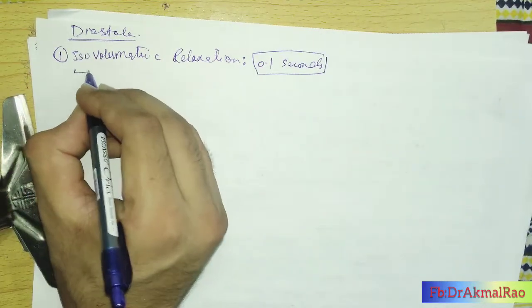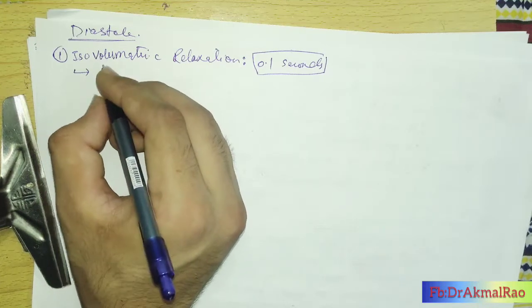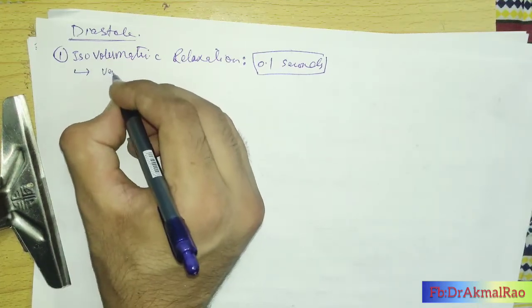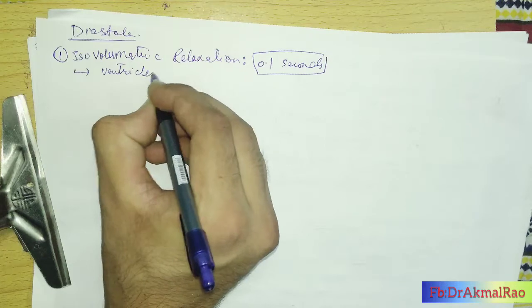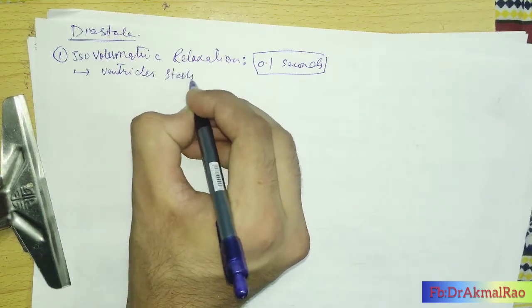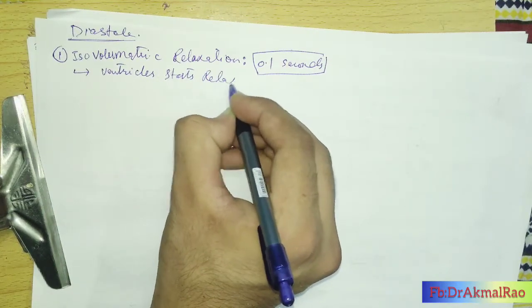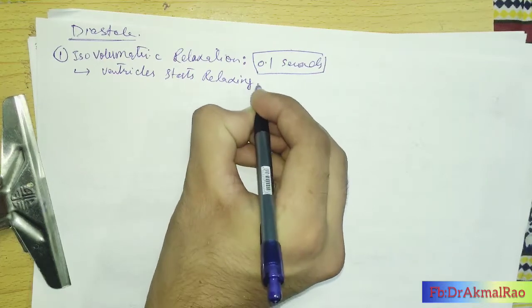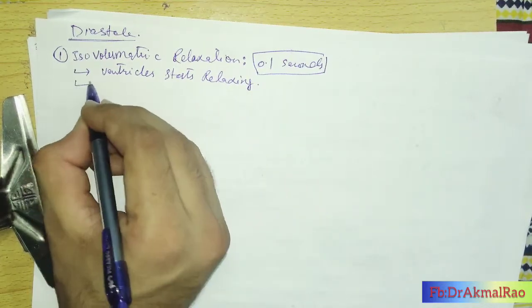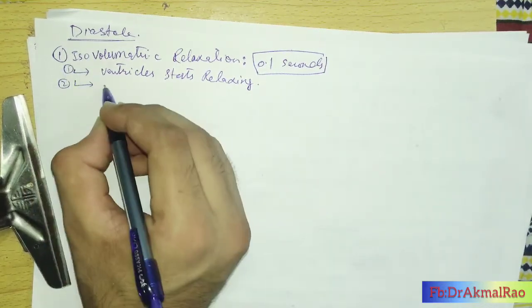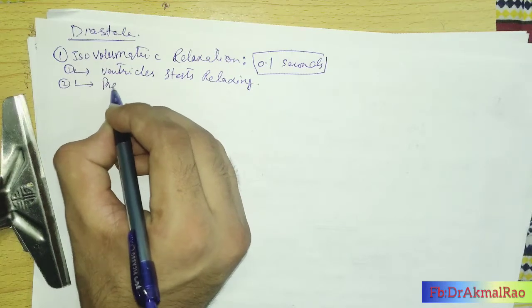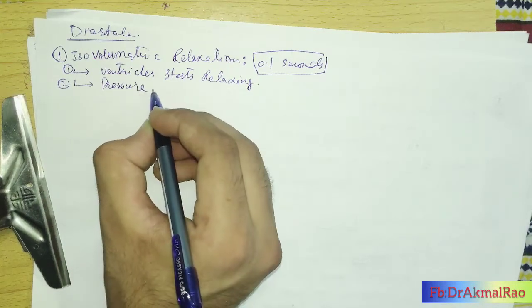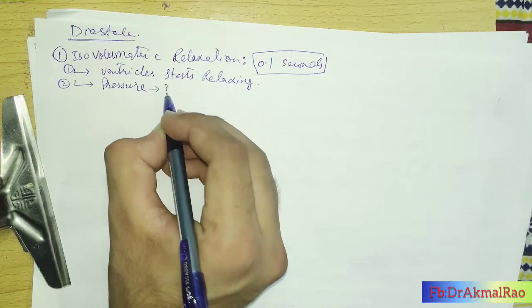What is going to happen in this phase? The first thing that happens is the ventricles start relaxing. The second thing is pressure, and the question is how much the pressure will be.